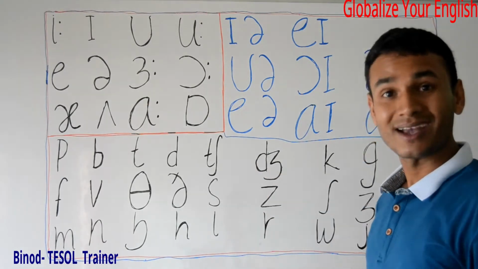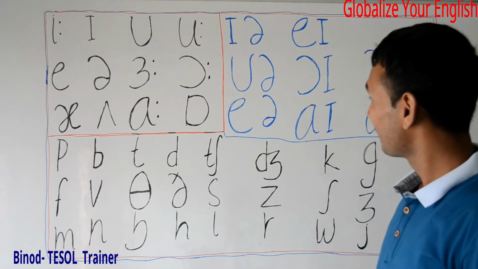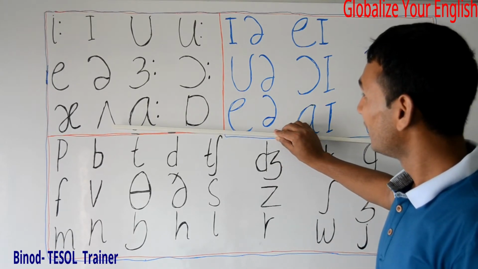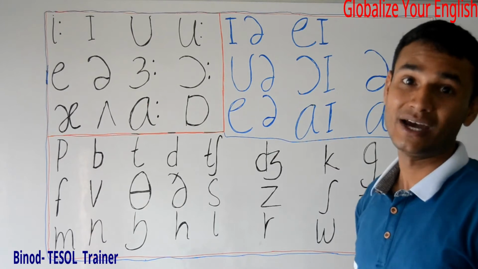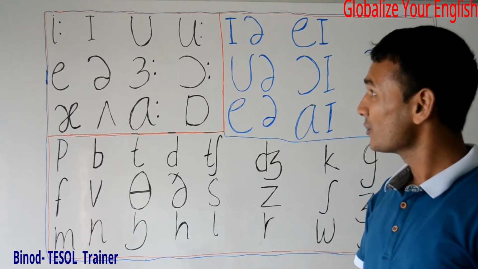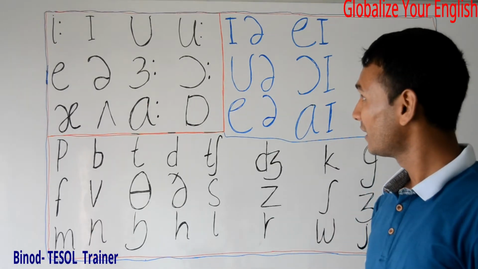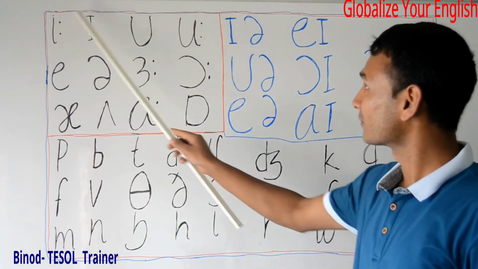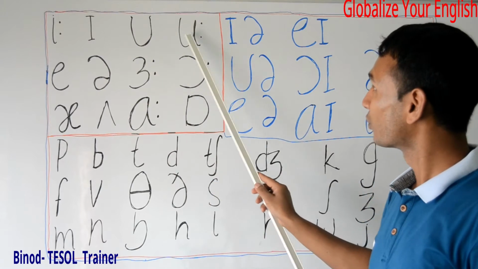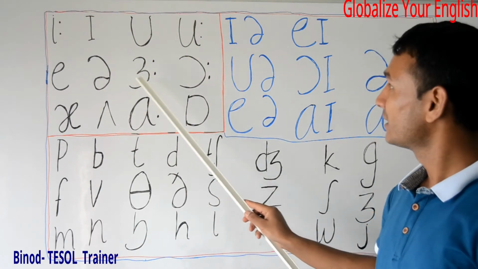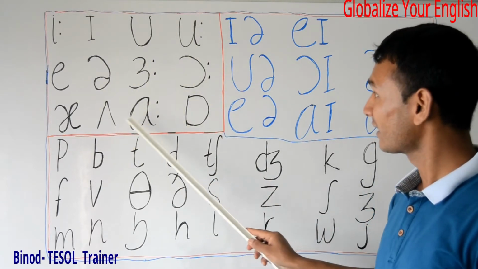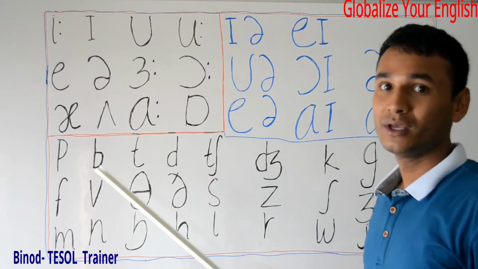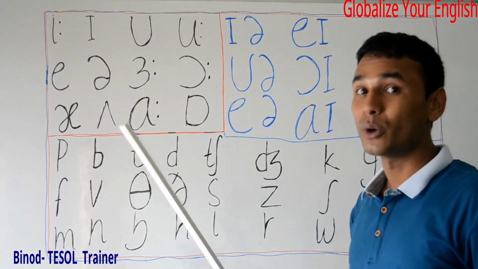So bottom, consonant sounds, and on the top here, we've got the vowel sounds. But today, we will just discuss these 12 sounds here, 1, 2, 3, 4, 5, 6, 7, 8, 9, 10, 11, and 12. So we will be talking about these 12 sounds today.